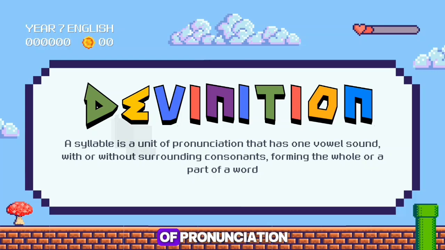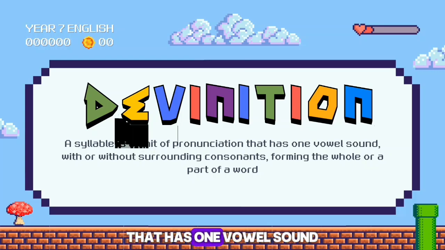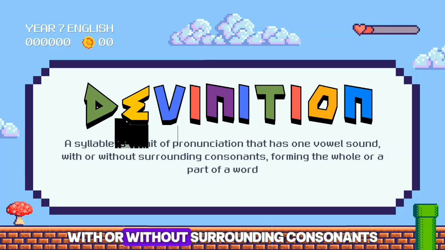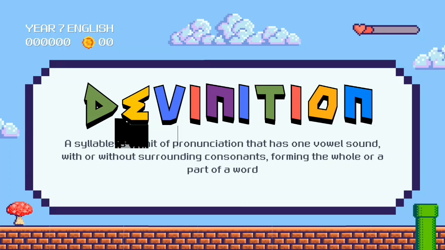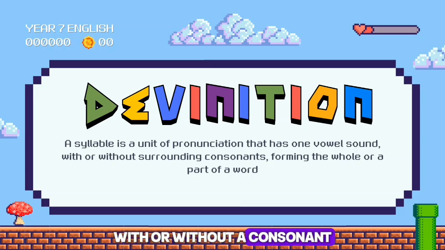Syllable is a unit of pronunciation that has one vowel sound with or without surrounding consonants, forming the whole or a part of a word. So, words are actually divided into syllables, and a syllable has at least one vowel sound with or without a consonant.